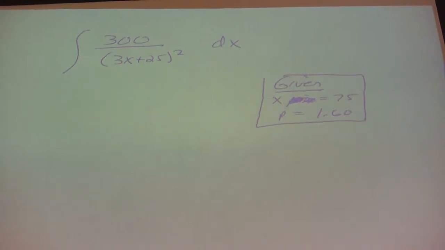Remember, with the integration, you always have that plus c. So you have to be given something to find that plus c. Everything builds. 5.2 builds off 5.1. 5.1 builds off all the other stuff we've learned.